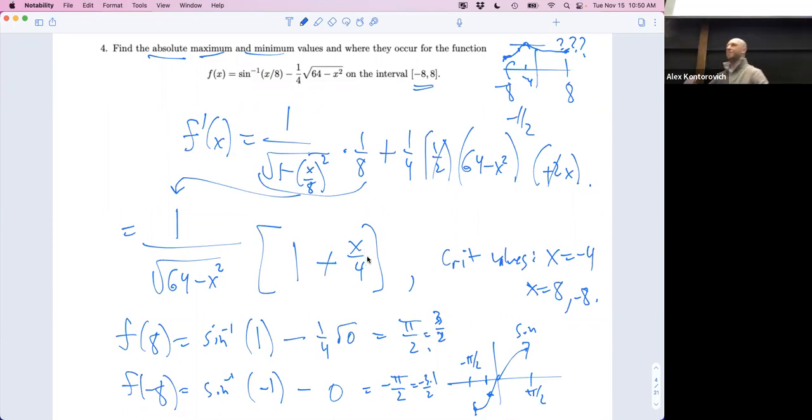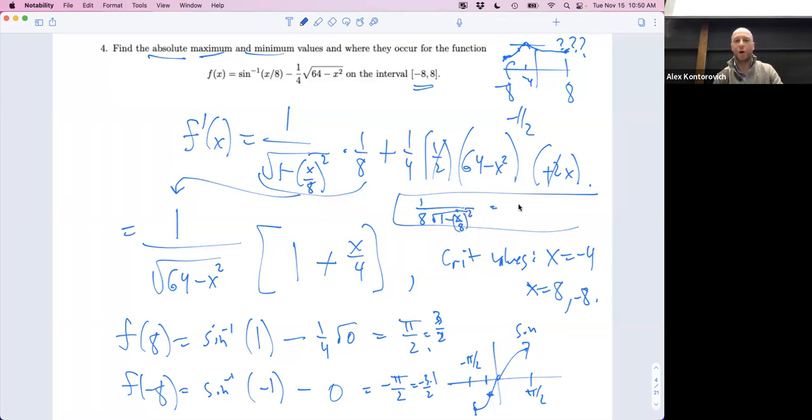What did I do with the 1/8? Oh. Uh-oh. Okay, I did this a little quickly. 1/8 times the square root of 1 minus x over 8 squared.